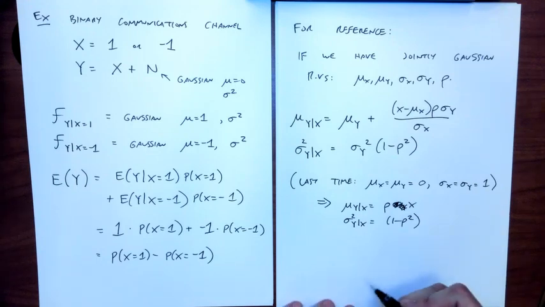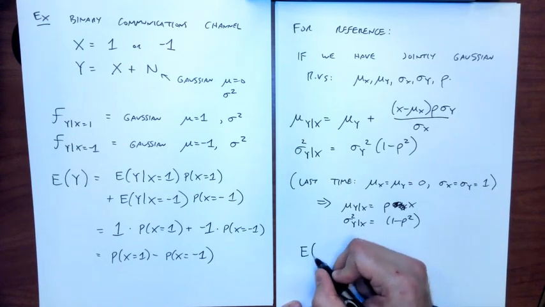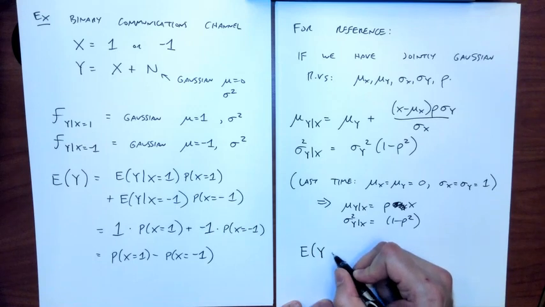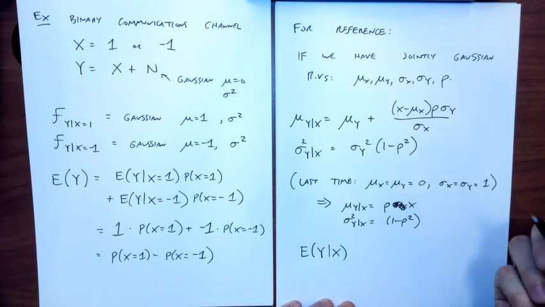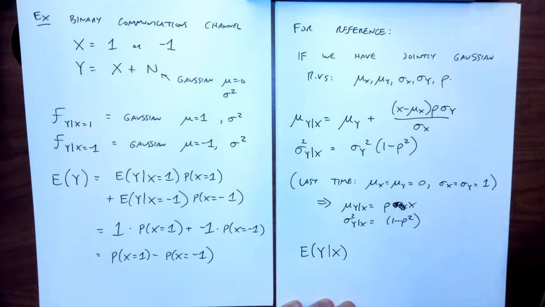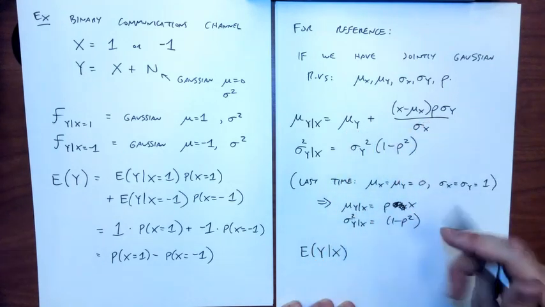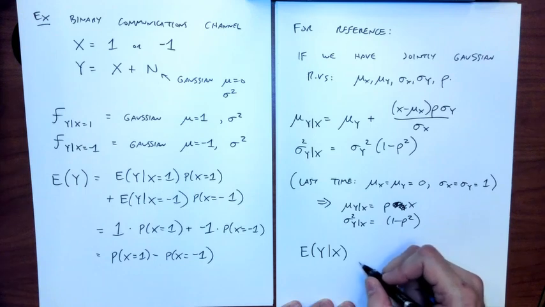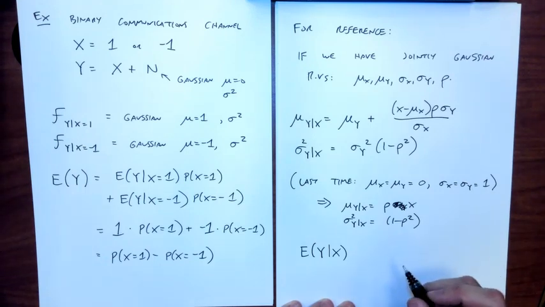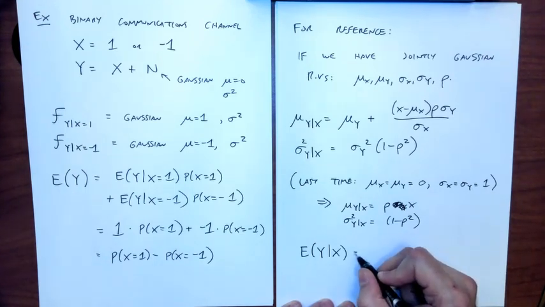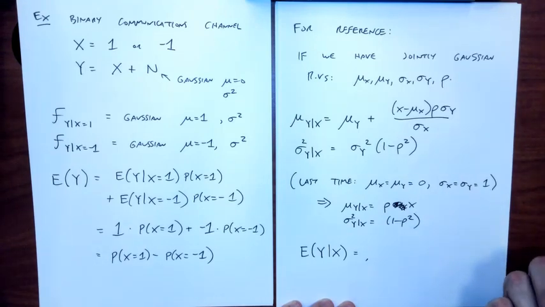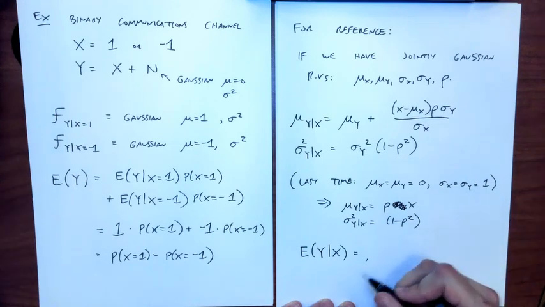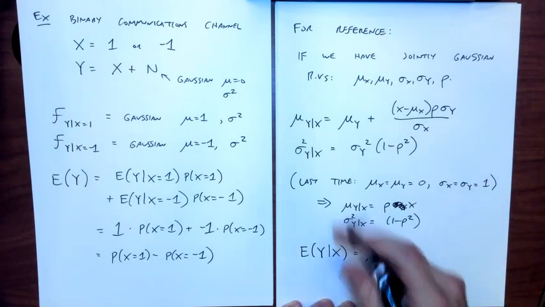And then I can see that the expected value of y given x is, well, this is all constants. So the expected value of y given x is mu. That's right.